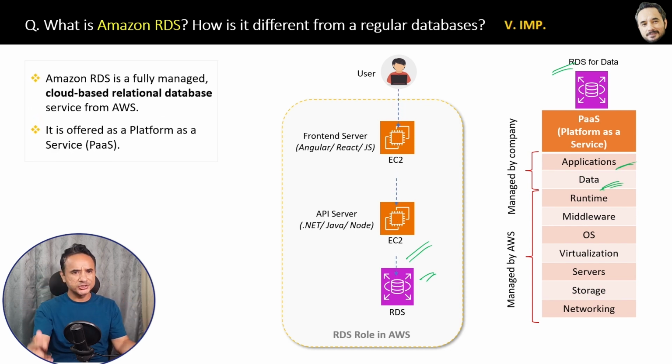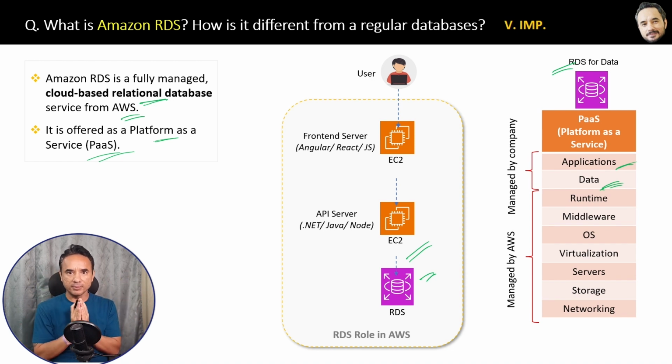Here is the clear and short definition. Amazon RDS is a fully managed cloud-based relational database service from AWS. It is offered as a platform as a service, meaning you just have to provide the data, table structure, whatever, but you do not have to install Oracle or worry about the main installations. You just have to provide the data to AWS.